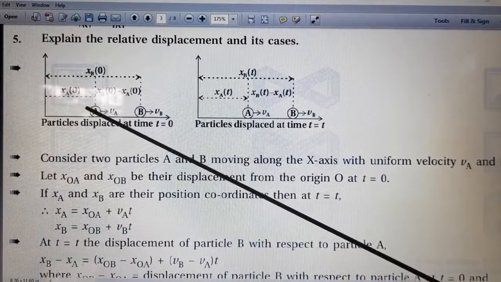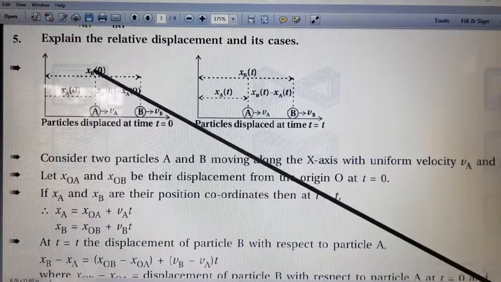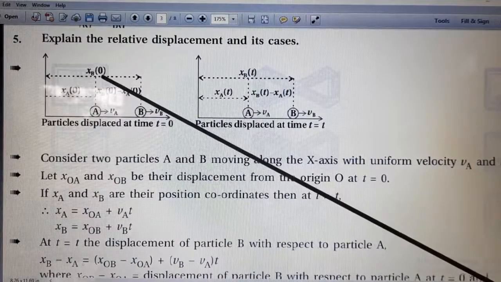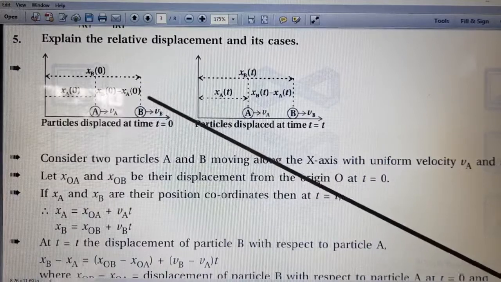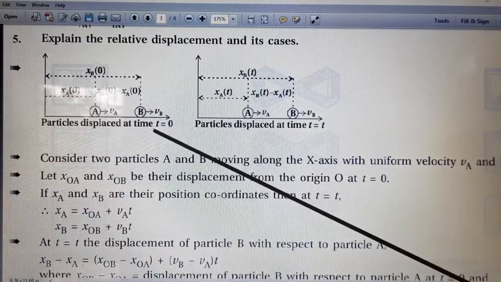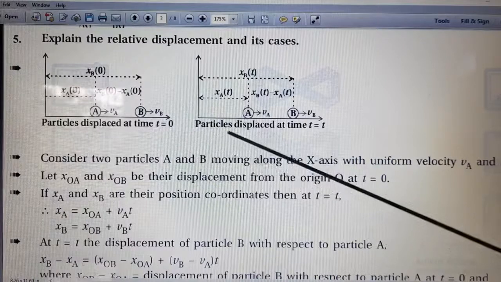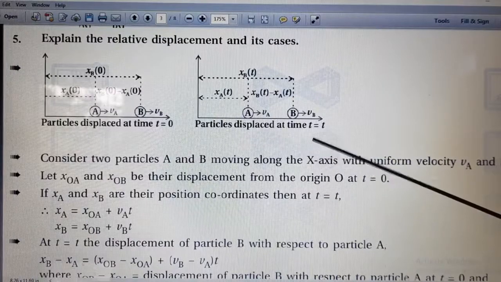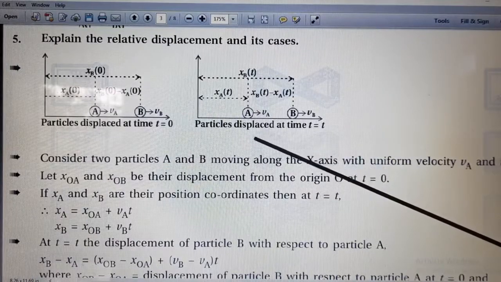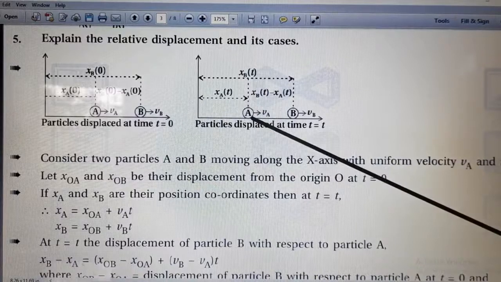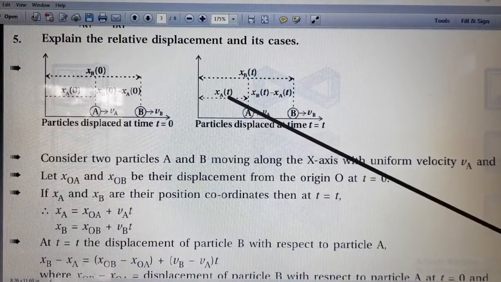XA0 is the displacement of particle A and XB0 is the displacement of particle B when time t is equal to 0. When time t is equal to t, the displacement of particle A is XAT.